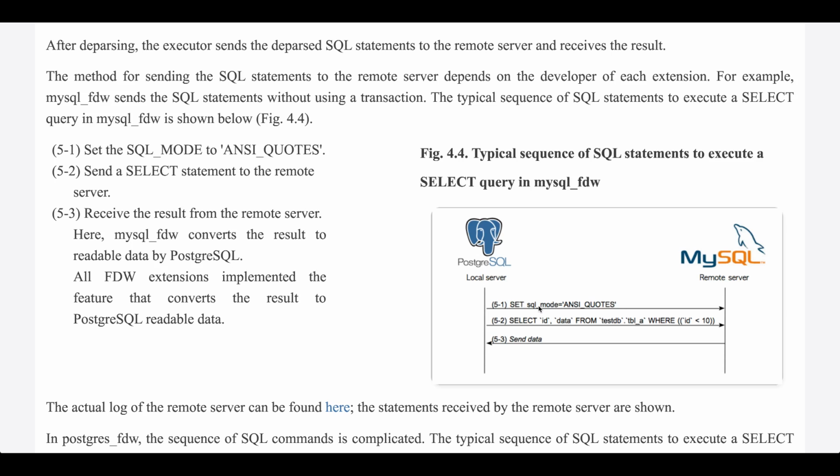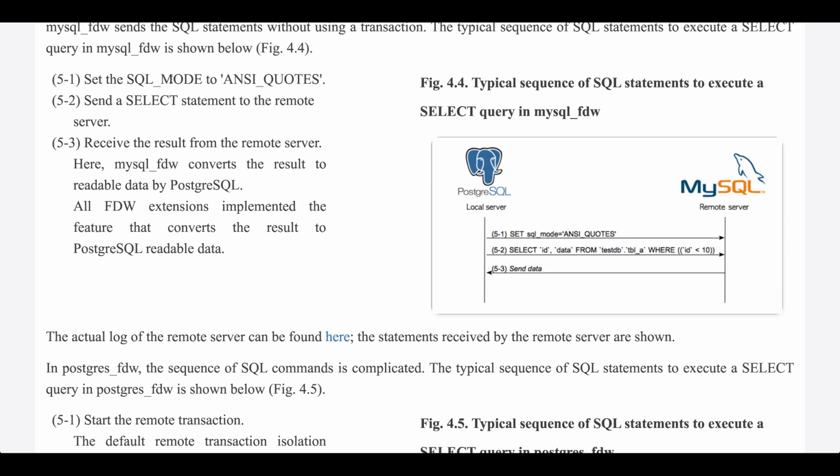Set the SQL mode to ANSI_QUOTES, send a SELECT statement to the remote server, and receive the result from the remote server. Here, mysql_fdw converts the result to data readable by Postgres.